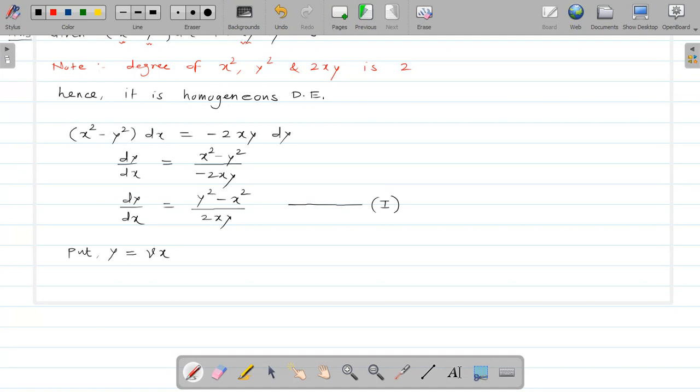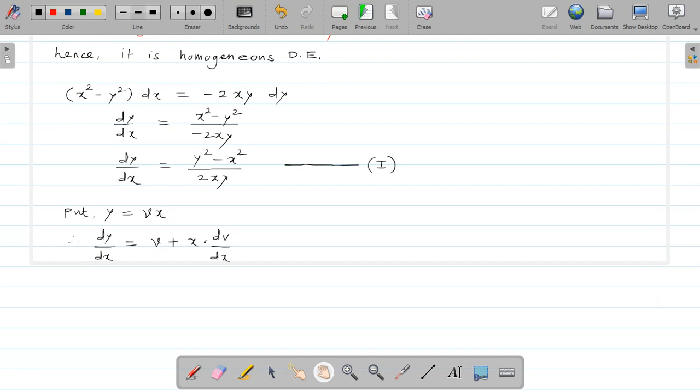So this is the special step that we have to follow. So what will be the value of dy by dx? After taking the derivative on both sides, we get dy by dx is equal to v plus x into dv by dx. This is by the u into v rule on the right hand side of this substitution. Remember, v as it is into derivative of x is 1, plus x as it is into derivative of v is dv by dx.